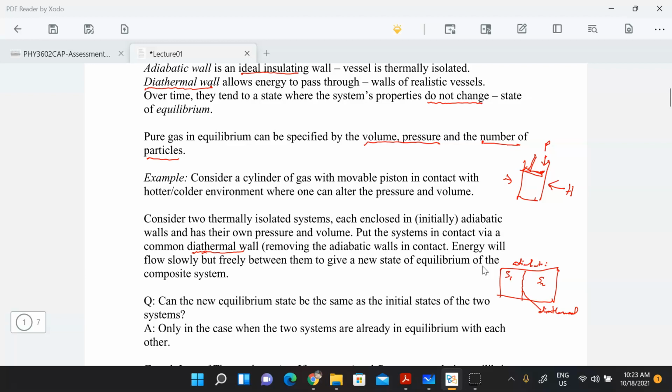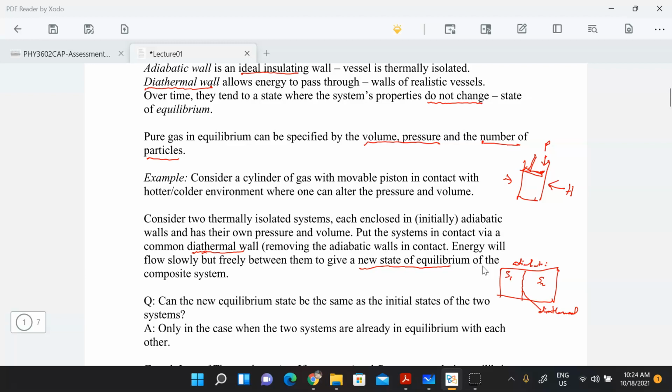Then we say that they are arriving at a new state of equilibrium of the two systems as a composite system. Now one could ask, can the new equilibrium state be the same as the initial states of the two systems? Well, it can only be in the case when the two systems are already in equilibrium with each other. Otherwise there will always be a net flow of energy.